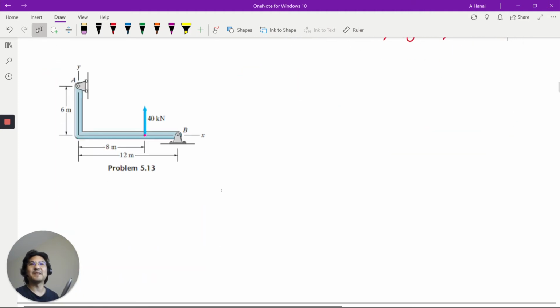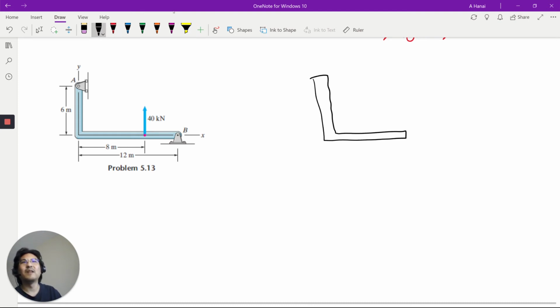Okay, how about this one? Right, so free body diagram. I got the one force here, and then this is a pin. It's a pin, and this is a roller.